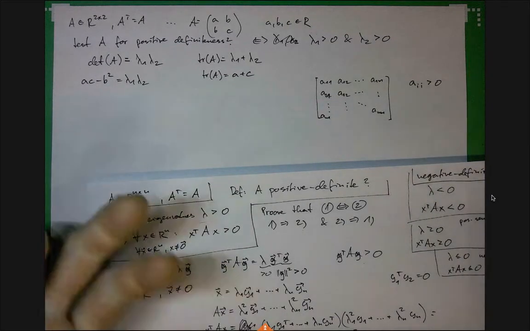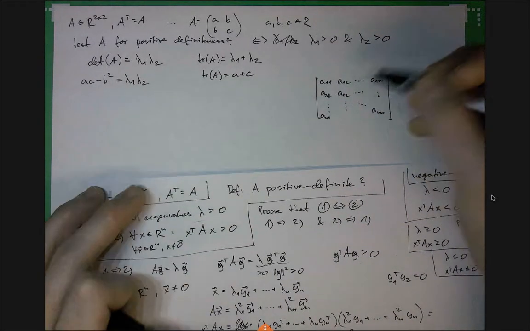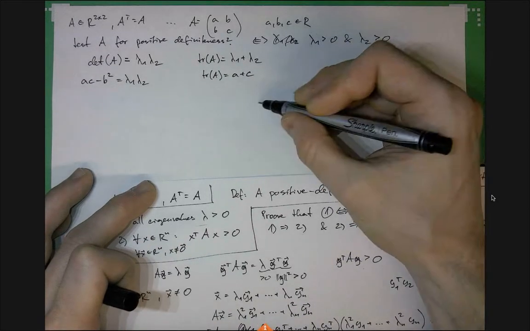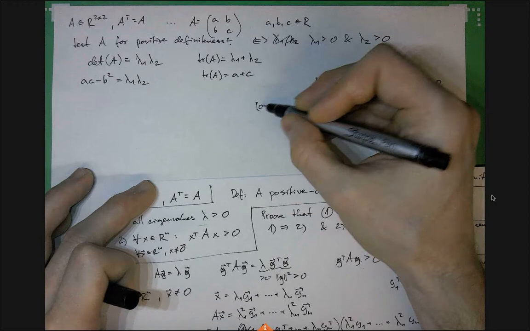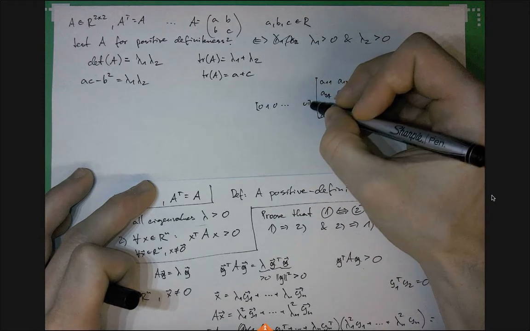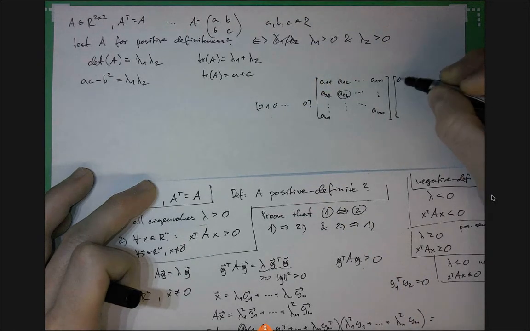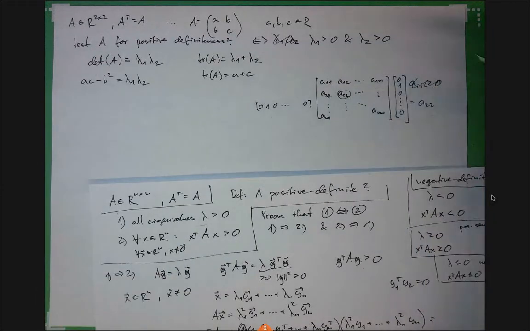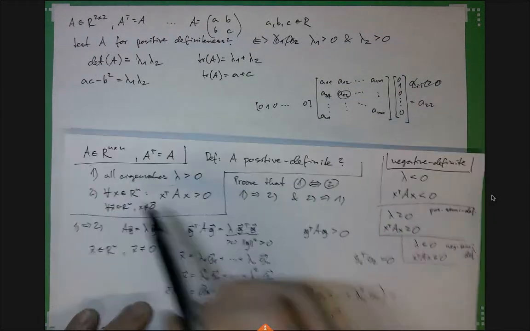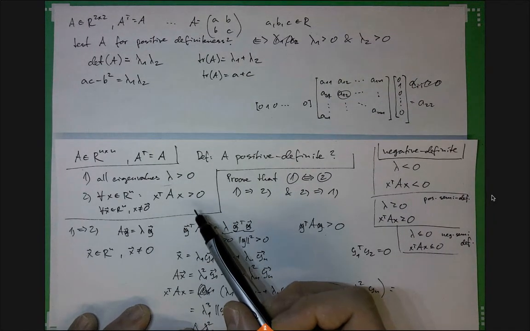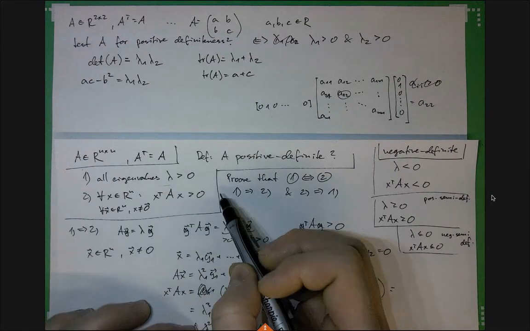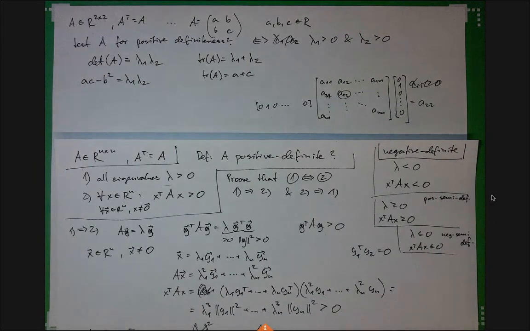Because if something on the diagonal is negative, say A22, all I need to do is take the vector 0, 1, 0, 0, and I get A22. So if A22 happened to be negative, I have a counterexample to the second property. I found a non-zero vector such that x transpose A x is negative. So goodbye, positive definiteness.